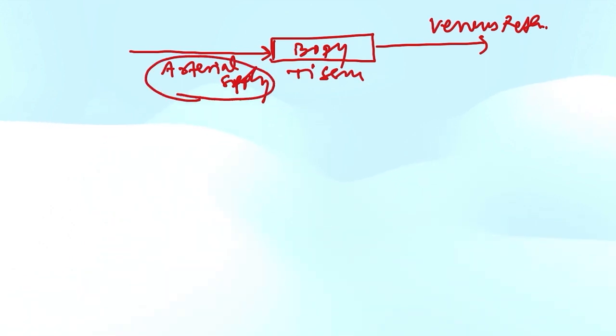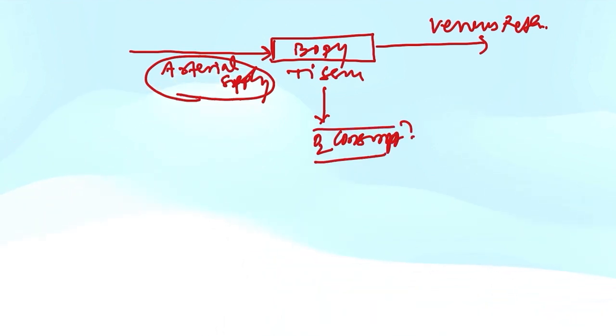So let us understand by an example. Let us consider our body or tissue, and there is an arterial supply and a venous drainage, right? So if we consider we are taking the oxygen from the arterial sample, utilizing the oxygen and returning some oxygen via venous sample, and if we calculate the oxygen content of arterial blood and the oxygen content of the venous blood and take the difference, we will be getting the oxygen consumption by our body or by the tissue, right?